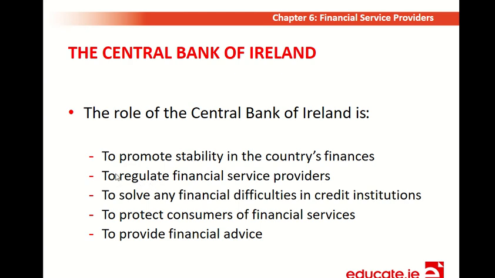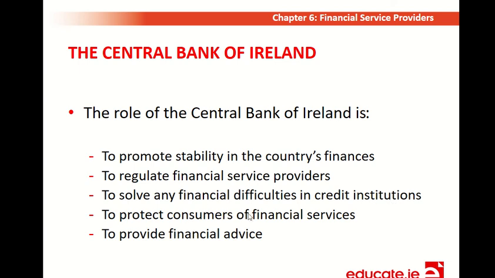Okay, so they regulate, and regulate just means when it comes to rules and laws really, financial service providers to make sure that these commercial banks, post office and credit unions are doing what they're supposed to do, okay, and they stay legal. They solve any difficulties in credit institutions, okay, so maybe if they're going bust like a lot of banks did during the recession and we had to bail them out.